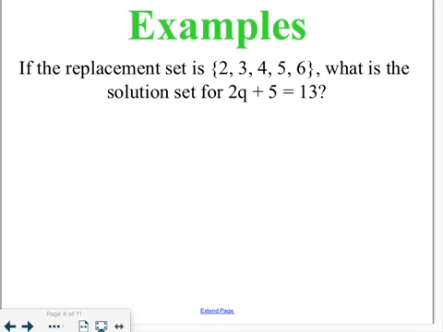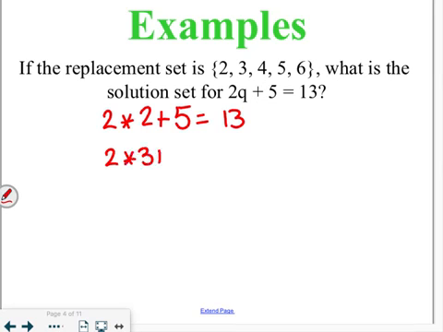So as you can see in this example, those brackets that I was talking about, that's what they're actually supposed to look like. But they're giving you the replacement set of 2, 3, 4, 5, and 6, and asking you what the solution is for the equation 2q plus 5 is equal to 13. So what you would have to do is plug in each of the numbers into the equation and decide which one of them is true.